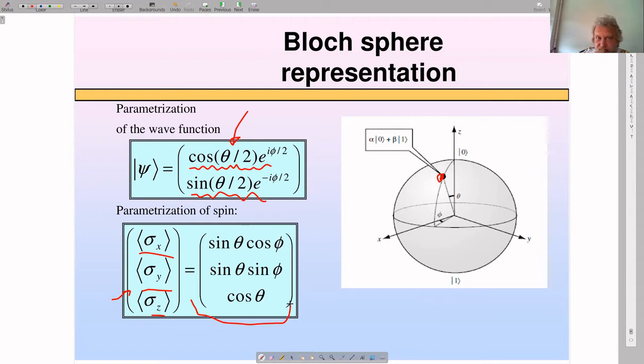Good. So we can represent each state of a qubit as a point on the sphere. There will be two basic states, and they will correspond to the north pole and south pole of this sphere. An equal superposition of two states, like 0 plus 1 divided by a normalization factor, would correspond to a point on the equator of the sphere.